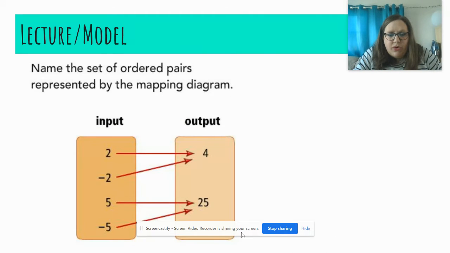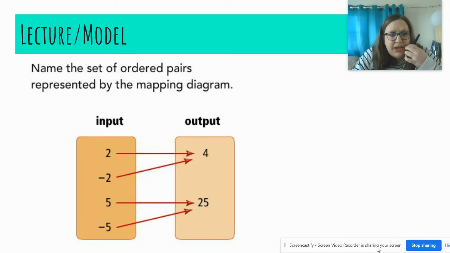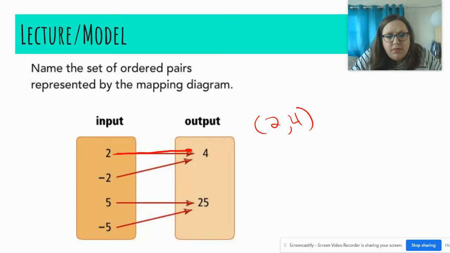So name the set of ordered pairs represented by this mapping diagram. We just did it. My first point would be 2, 4. And that's going to be this one here. Then I have -2, 4.